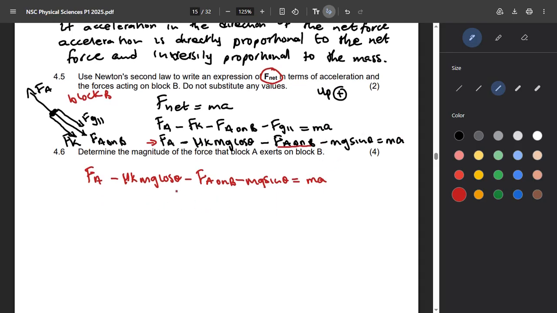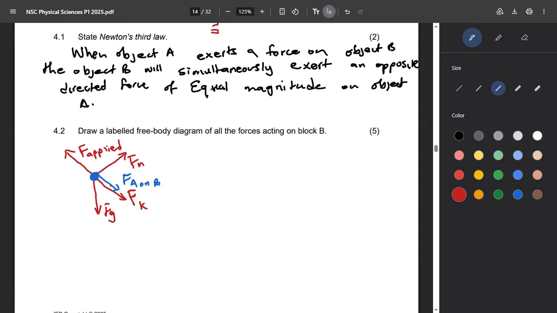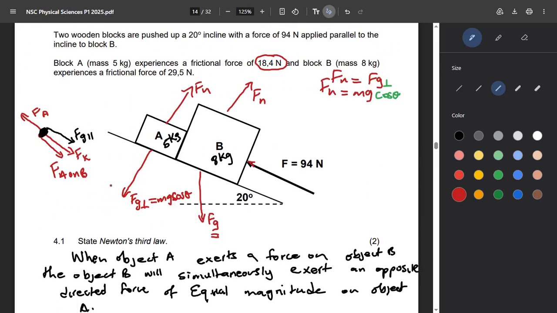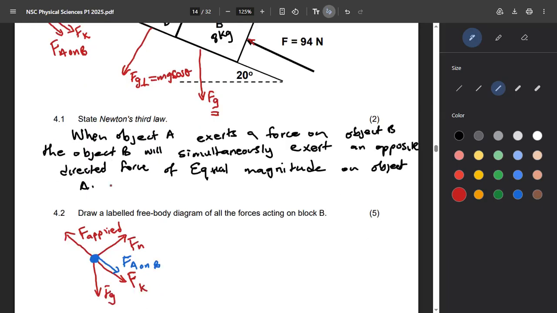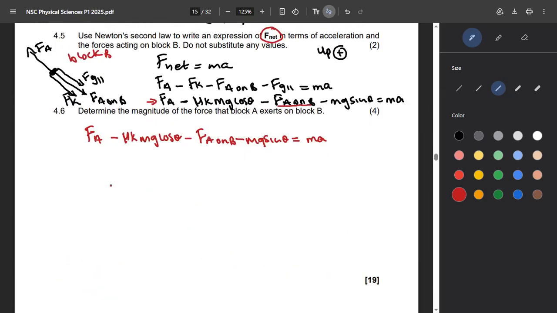This is for block B. Right? We are using block B. So I'm going to say the F applied on block B, that is 94 newtons. So this will be 94.